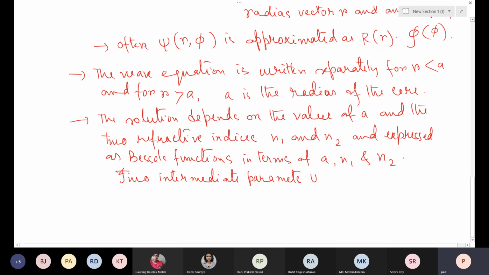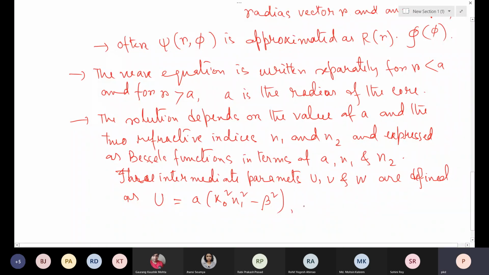I think three intermediate parameters, U, V, and W are defined. U is equal to a into (k0 square n1 square minus beta square) whole to the power half.